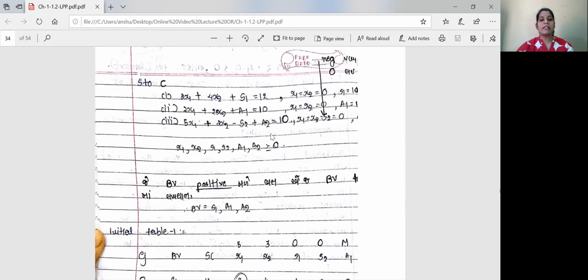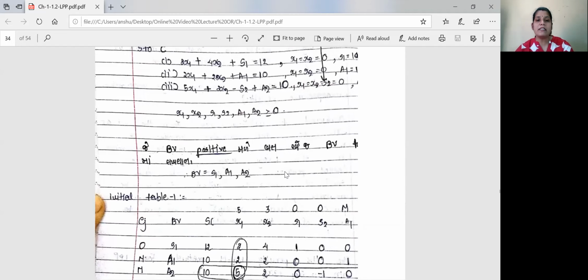But we already know that all decision variables and basic variables are greater than or equal to 0. This is the condition. So in this equation we put s2 = 0. So we write x1 = x2 = s2 = 0. Then we get the value of a2 = 10. Got it? So the next step is x1, x2, s1, s2, a1, a2 ≥ 0.